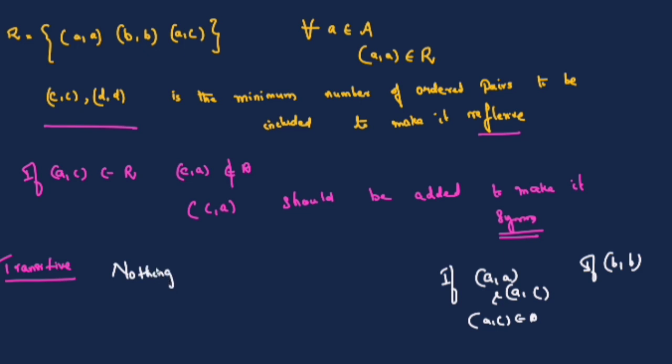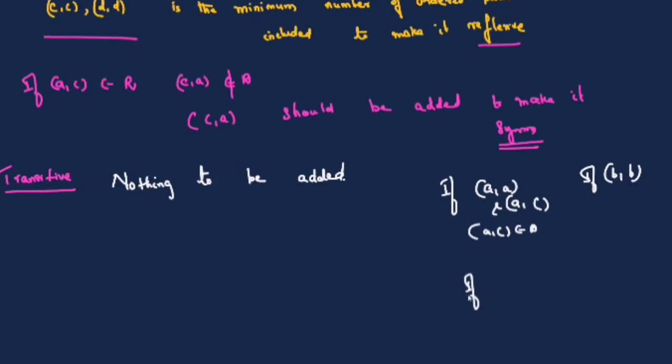It is already transitive. Transitivity is that you have to take two ordered pairs. If (a,b) and you start with b, (b,c) belongs to R, both should be there, then (a,c) should be there in R. Only if you can take these two from R can we check.